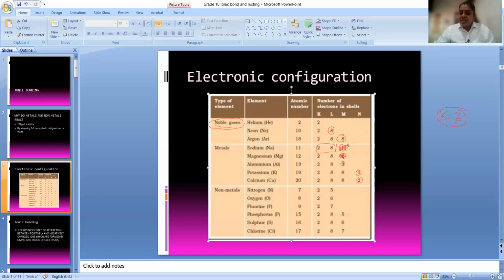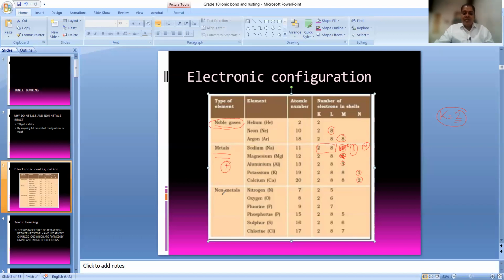Leaving 1 or 2 electrons is better than adding how many electrons? Here you have to add 7 electrons. That's very difficult. So losing 1 electron is better than receiving 7 electrons. So what will happen to a metal? A metal will lose electrons. Whenever a metal loses electrons, it gets a positive charge. So a metal will always be positive.